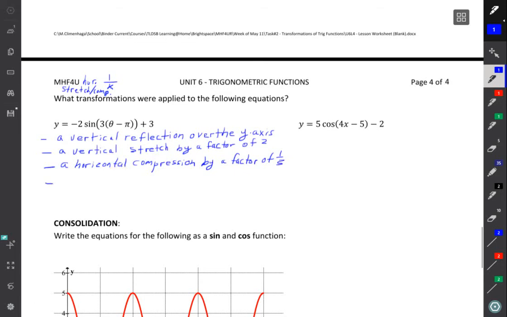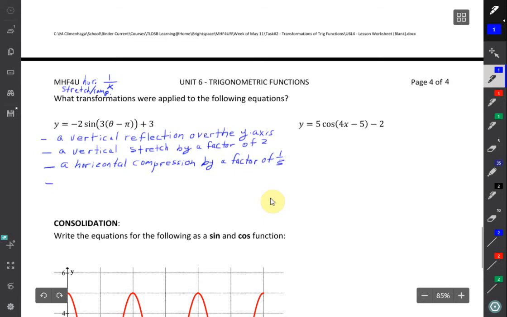And remember, the factor is what we would multiply the parent function by to get the result. So that's how you remember what to put here, right? We would multiply the parent function's x values by 1/3 because this is a compression.